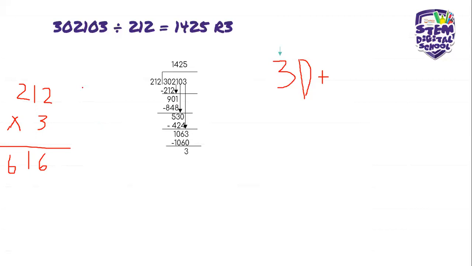Then we go times 4. 212 times 4. You need to get as close as possible, because you'll know that by adding a 212 on top of that, you're going over the number. That's how you know.